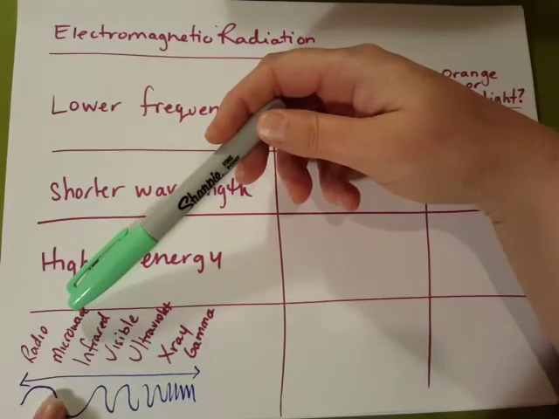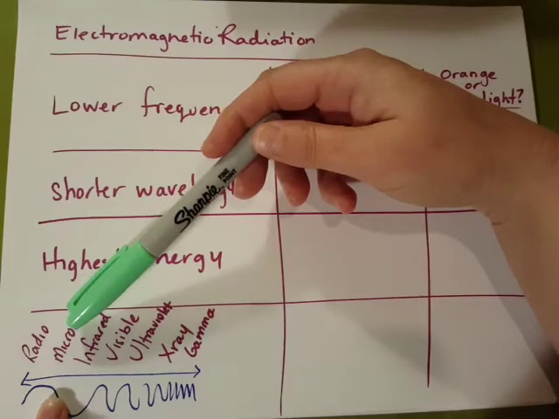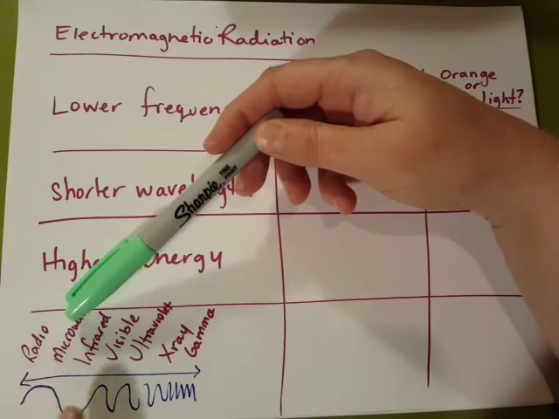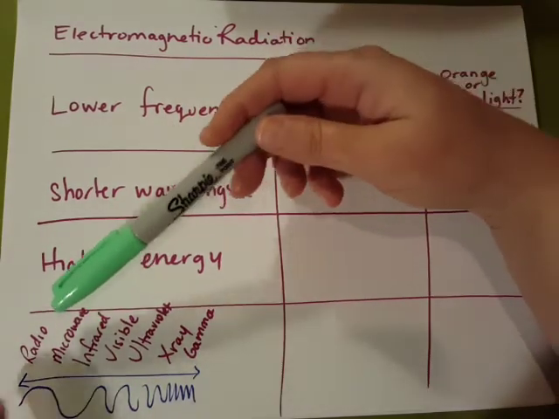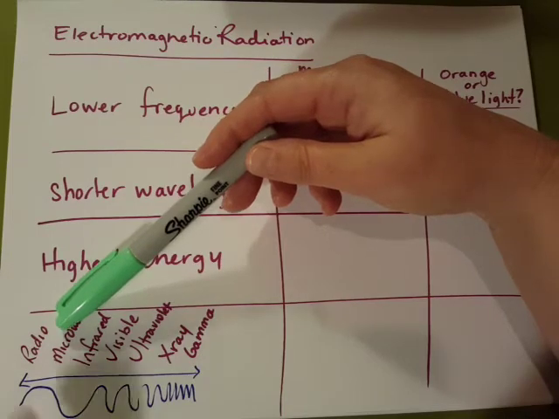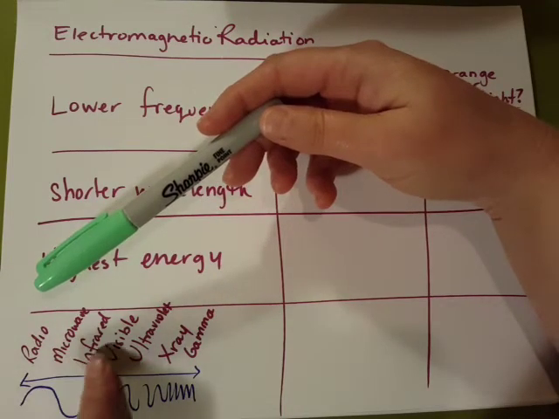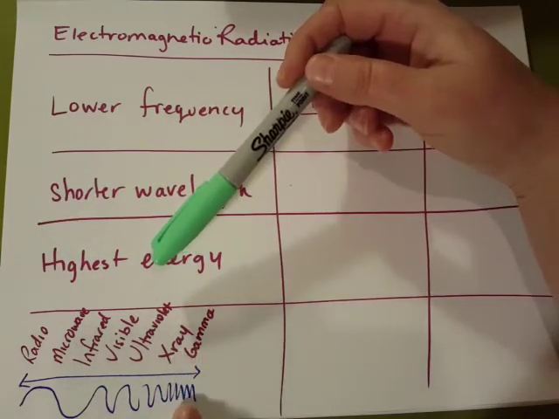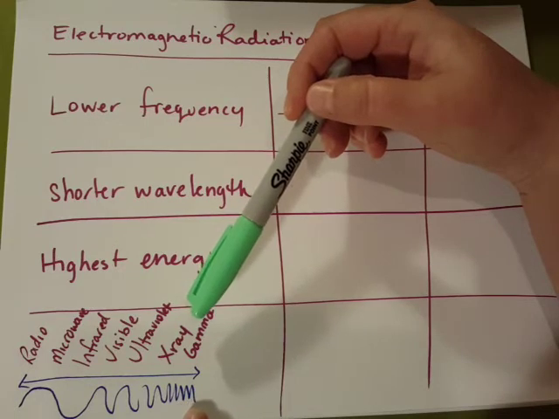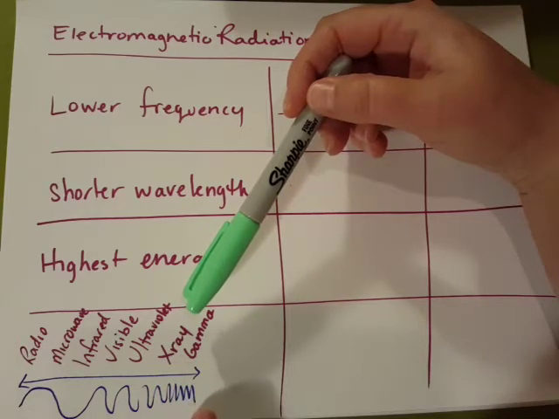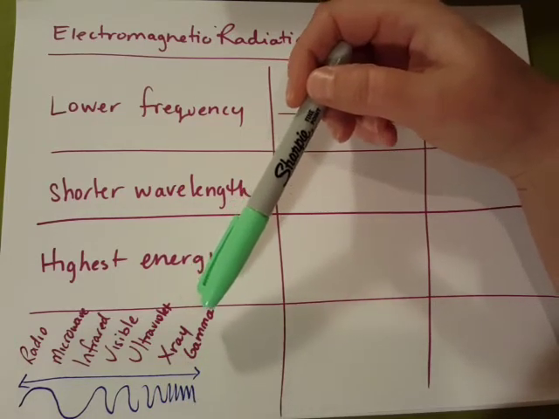So the wavelength is quite large, and it's not very frequent because to go from crest to crest, it takes relatively quite a long time to have one full wave in comparison to the kinds of electromagnetic radiation that are further down the spectrum, like X-rays or gamma rays, where you're going to have quite a few waves, crest to crest or trough to trough, within a 1 second interval.